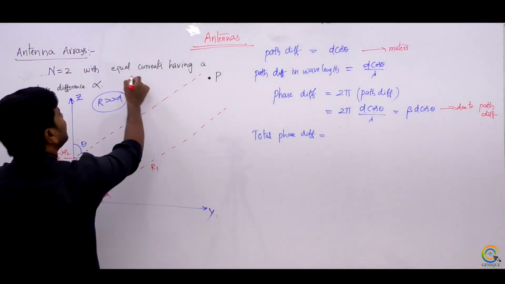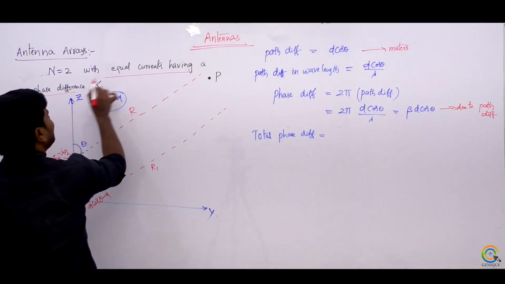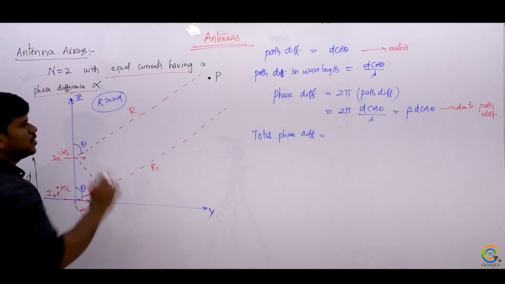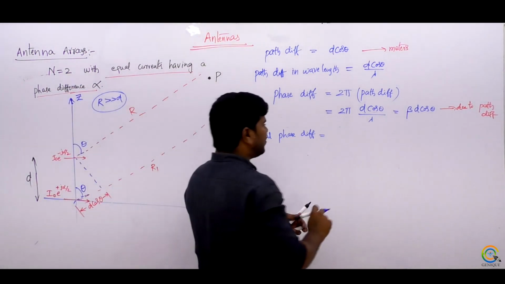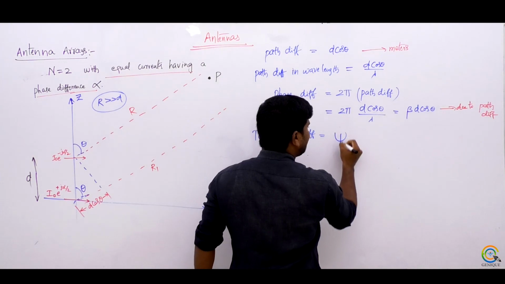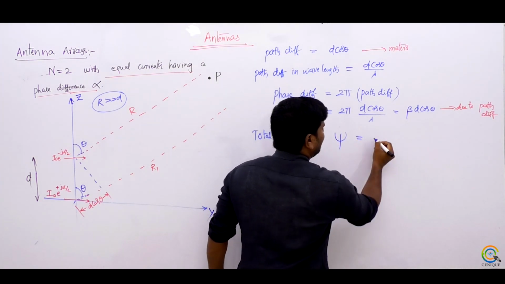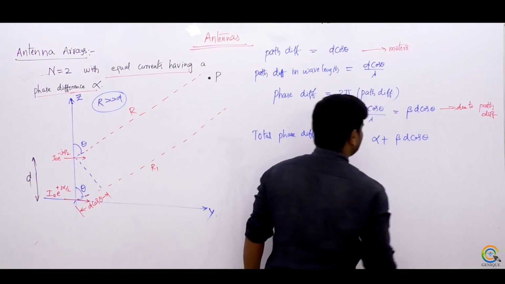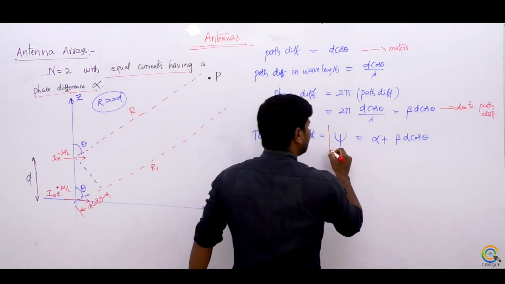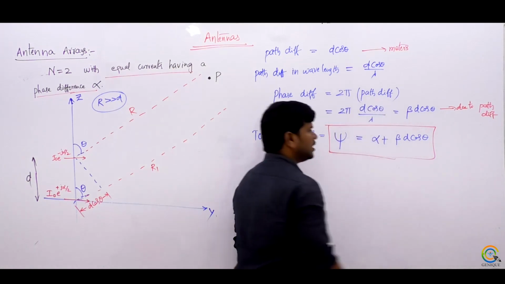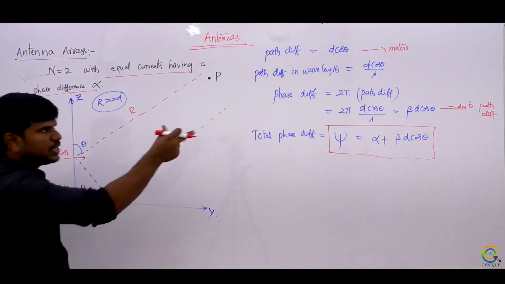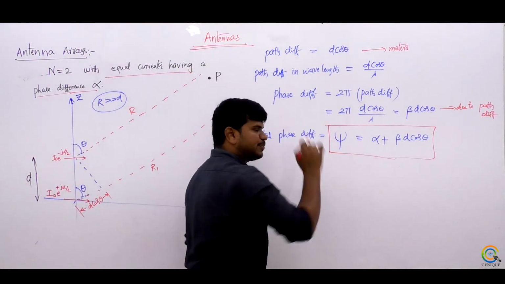Already we have taken the currents having equal amplitude and a phase difference of alpha. So the total phase difference, I am naming psi, is equal to alpha plus beta d cos theta. This is a very important relation, and we will be using this total phase difference everywhere. So you have to notice this expression.